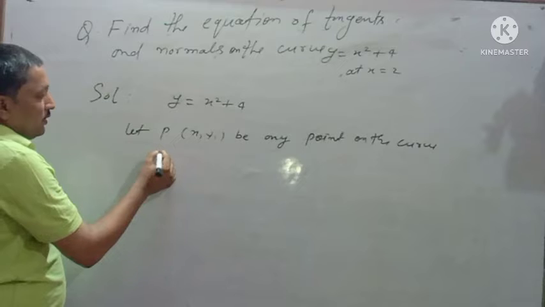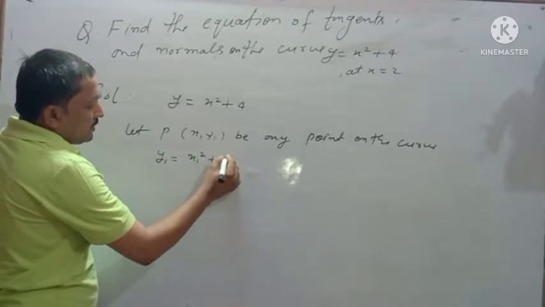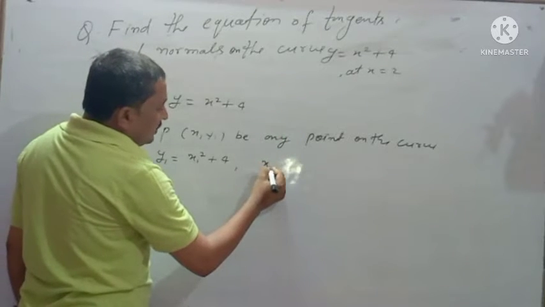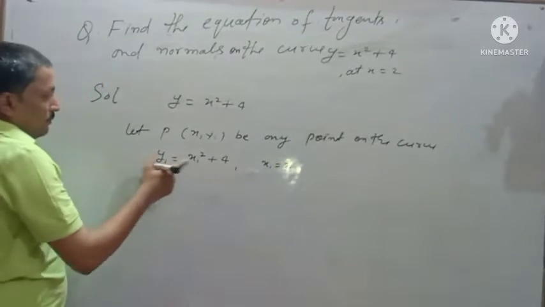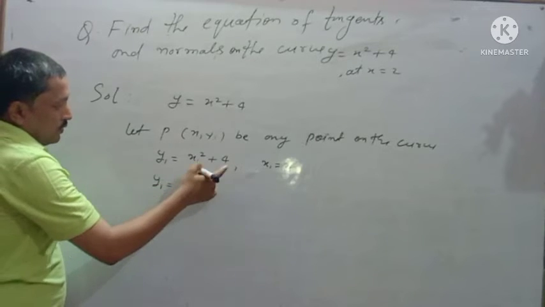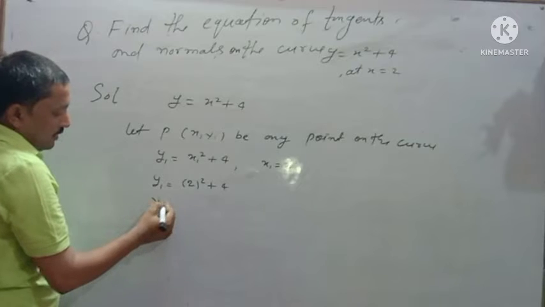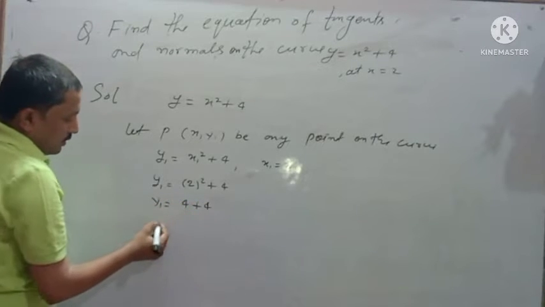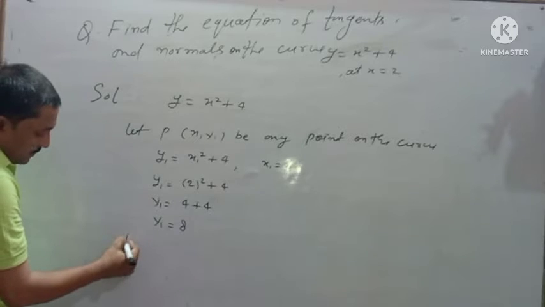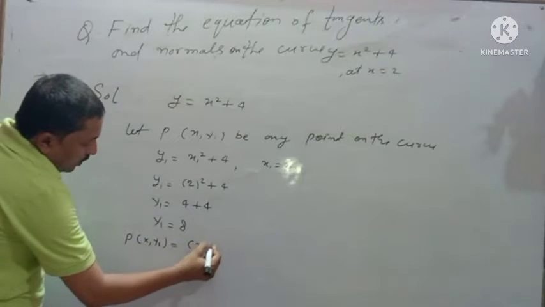Then y1 is equal to x1 square plus 4. Given x1 equal to 2, then y1 equal to 2 square plus 4, then y1 equal to 4 plus 4, so y1 equal to 8. So we have the point P (x1, y1) equal to (2, 8).